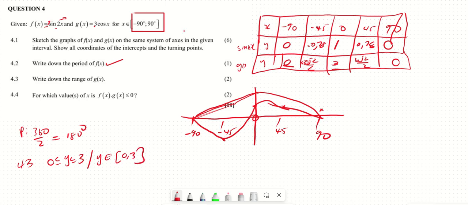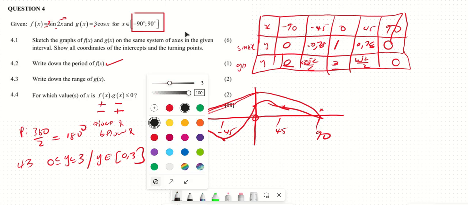You are asked for which values of x is f of x times g of x less than or equal to 0. This means if you apply the two functions to give us 0, either this is positive and this is negative, or this is negative and this is positive. So it's either one graph is above the x-axis and the other one is below. So let's check where one graph is above and the other one is below.